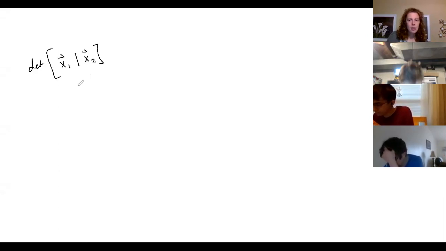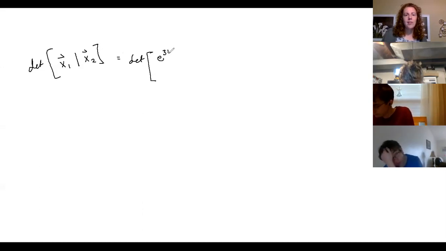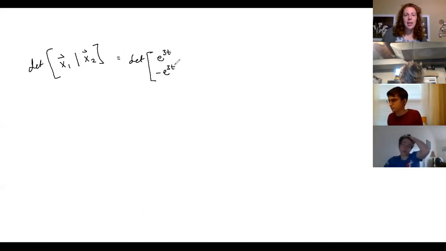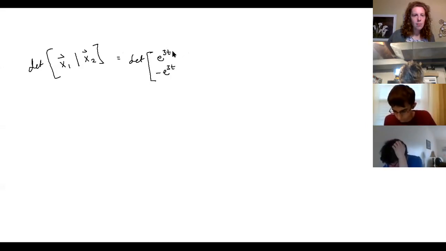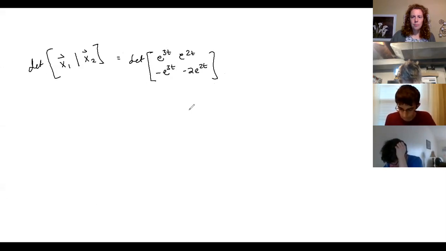Okay, so for the Wronskian, you do e to the 3t and negative e to the 3t? Right. So the book pulls it out, right? So it's the determinant of e to the 3t, negative e to the 3t. And then the second column, this is 24, would be e to the 2t and negative 2e to the 2t. So you want the determinant of that. Okay, so it's not simplified, they're just not using the derivative.